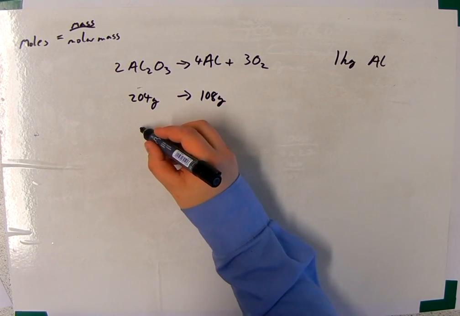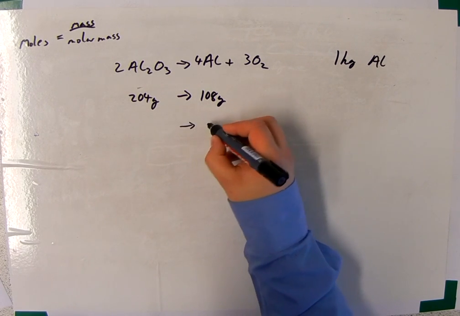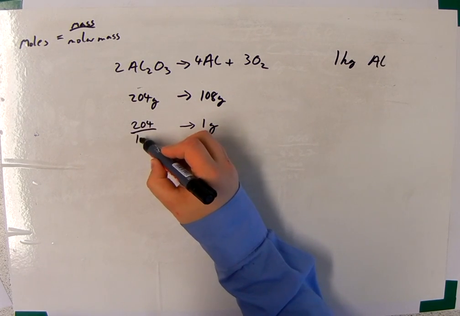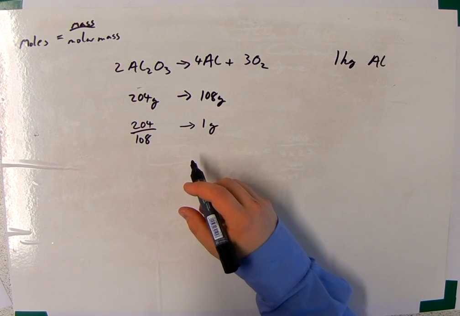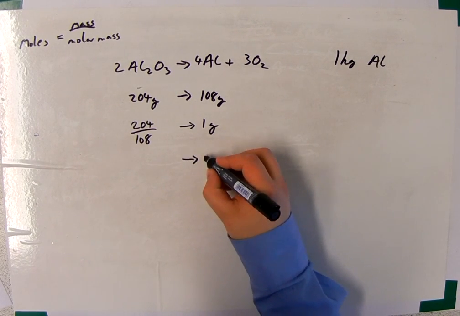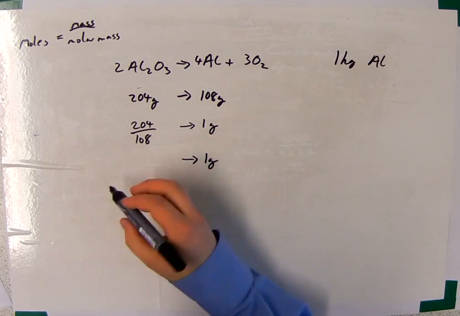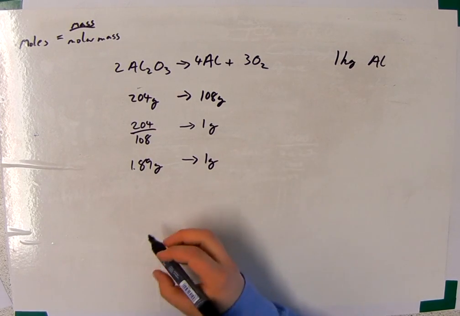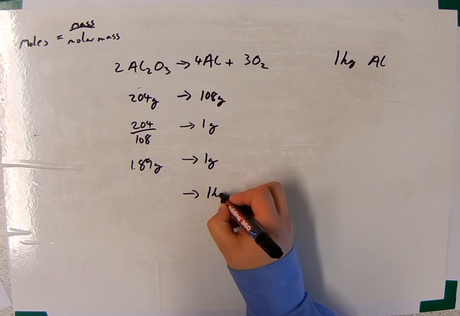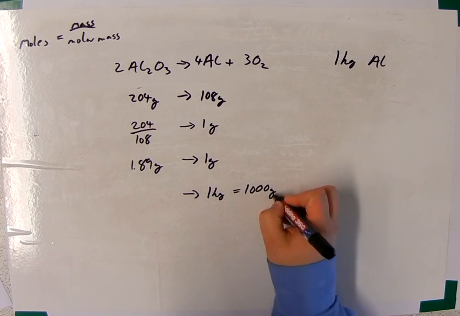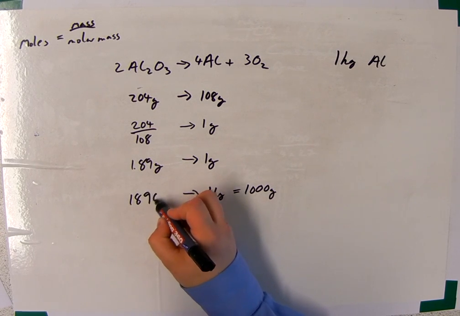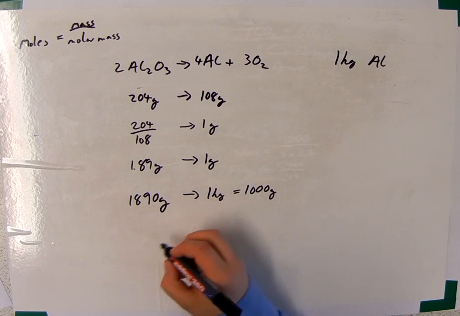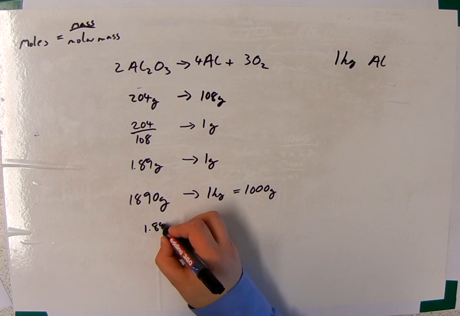So 1 gram of aluminium is going to give us 204 divided by 108, which means that for every 1 gram of aluminium we must start with 1.89 grams of aluminium oxide, which means that to make a kilogram, which is 1000 grams, we must have 1890 grams or 1.89 kilograms.